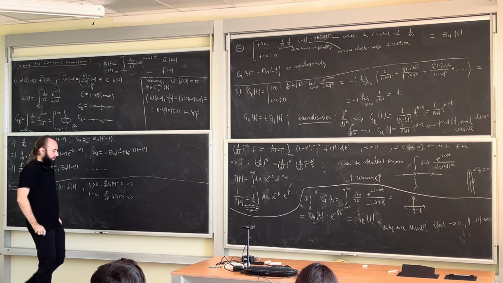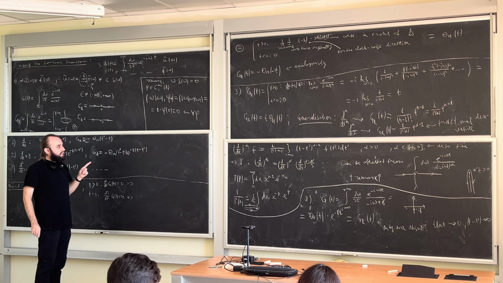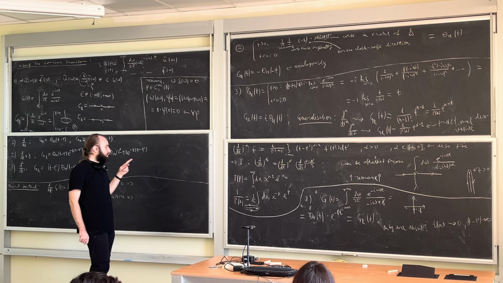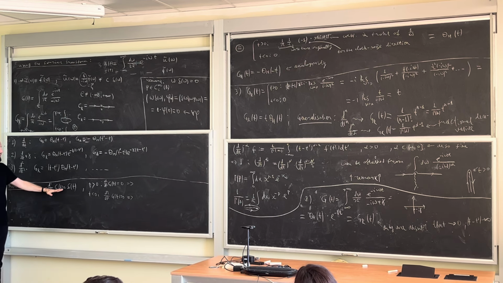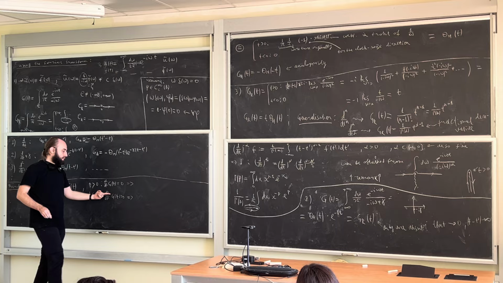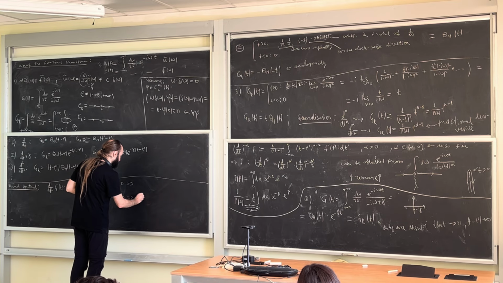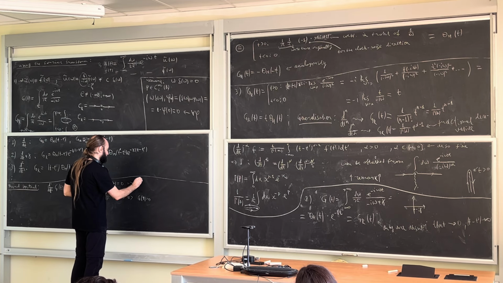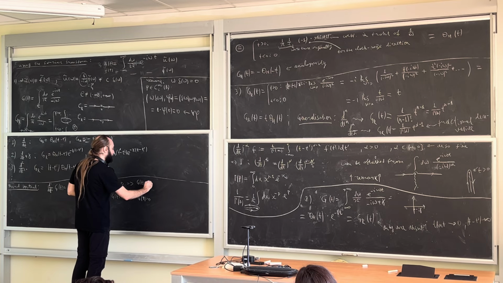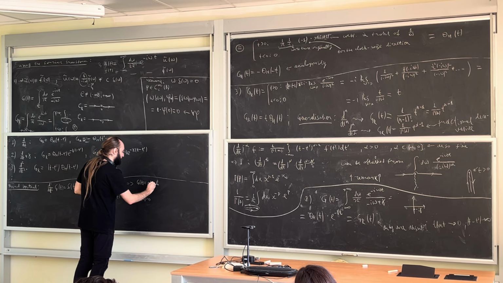Yes, but we know that our solution is defined up to a linear function, so we can choose this freedom to make this function equal to 0. So we can put this one equal to 0, and here we have g of t equals at plus b.